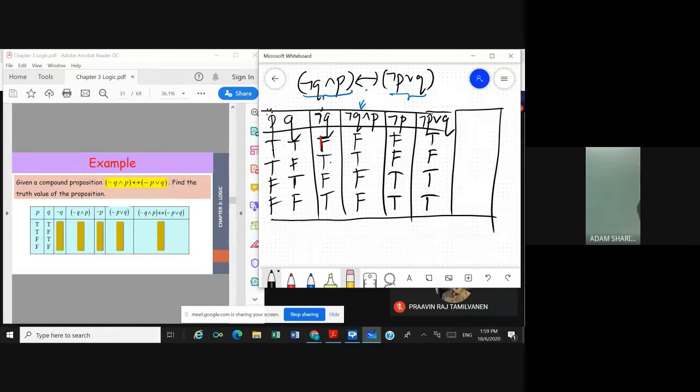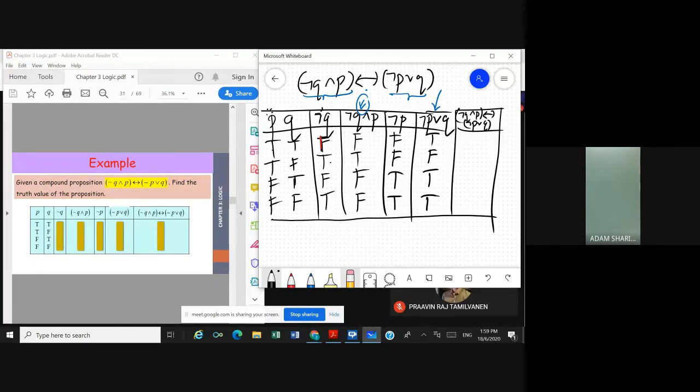And lastly, we proceed to the combination of all: not Q and P, if and only if not P or Q. We focus on this and also this column only, and look at the law of biconditional.